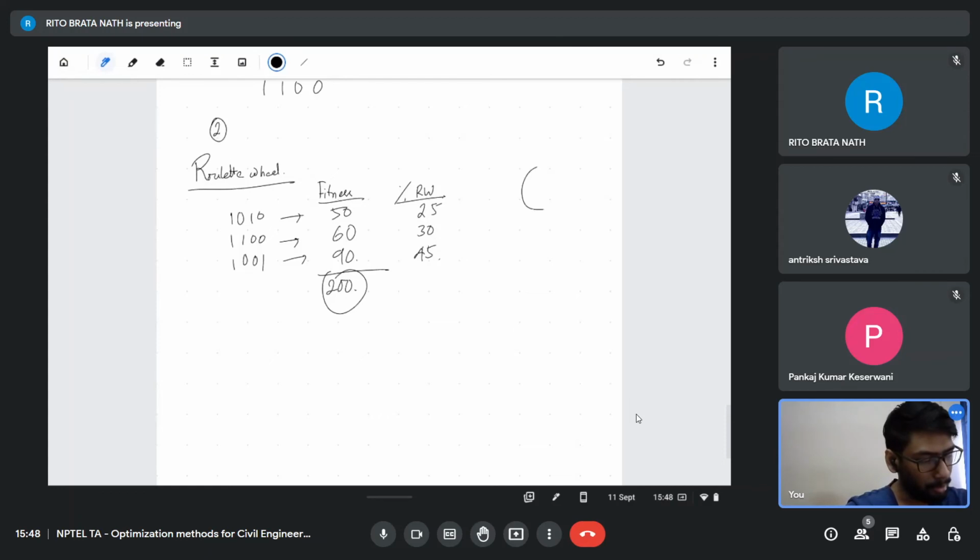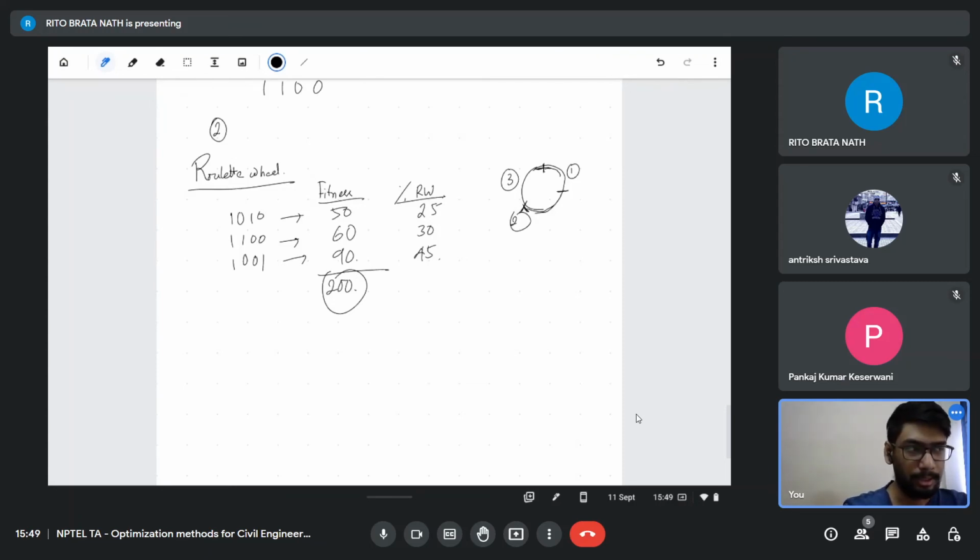If you draw a circle, 25% of the perimeter, this 1/4 portion, will be occupied by the first solution. Then 30% of it, till this point, the second solution will occupy, and the rest will be occupied by the third solution. So you are assigning probabilities to these. The third solution has a probability of 0.45 to get picked.